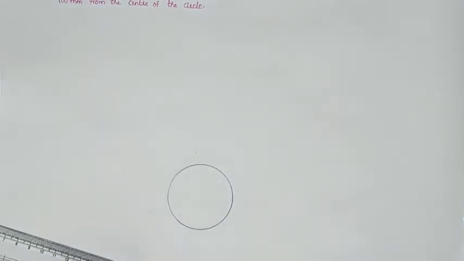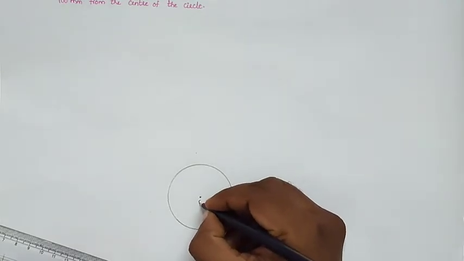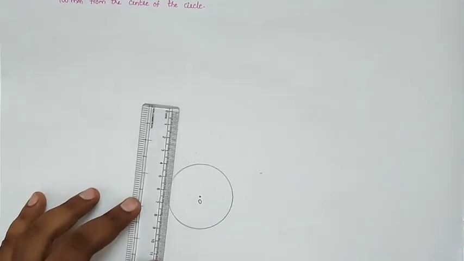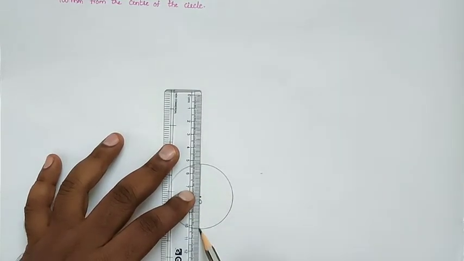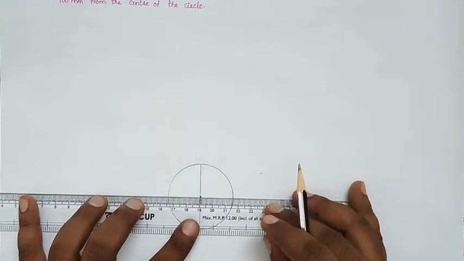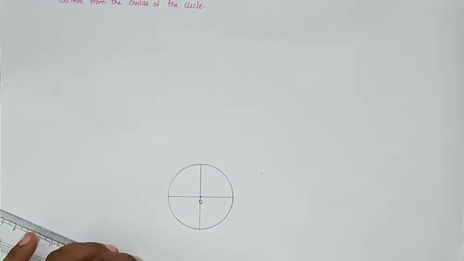After drawing the circle, locate the center point and divide this circle into 12 parts. I am dividing the circle into 12 parts, taking each angle as 30 degrees.